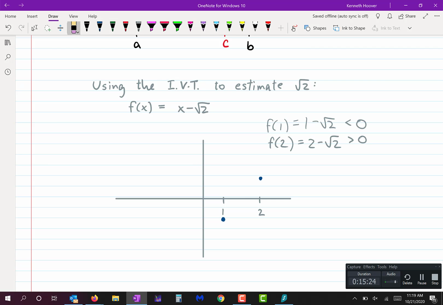And I know that this is a continuous function because it's a polynomial. So that means that this graph has to cross the x-axis somewhere between 1 and 2. Okay? And then here's what you do. This is called bisecting. What you can do is just cut that in half.